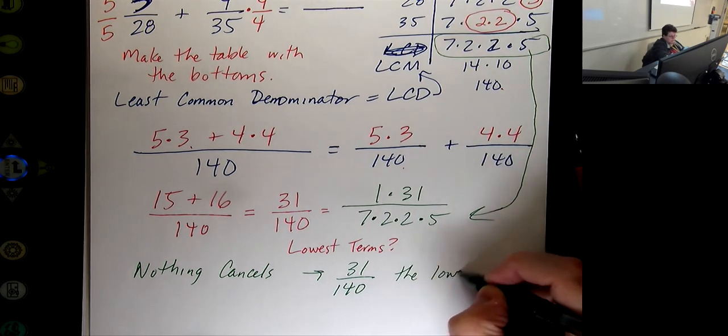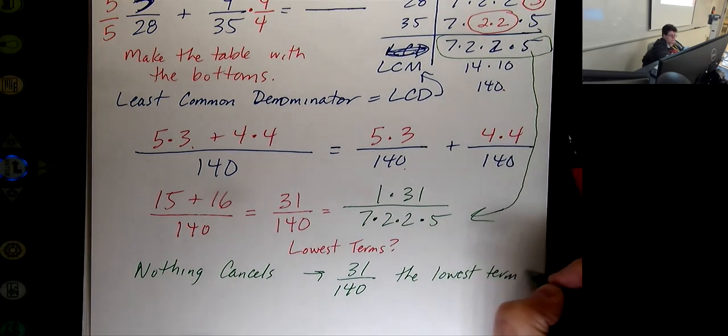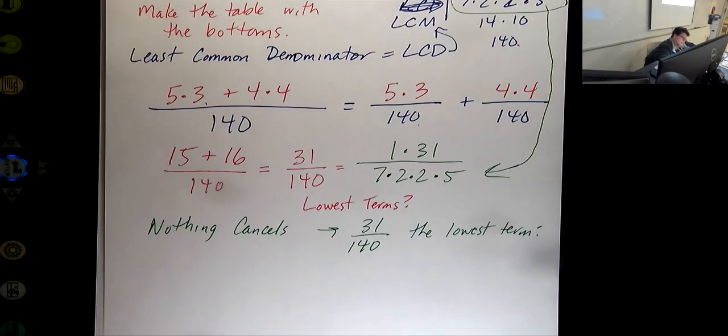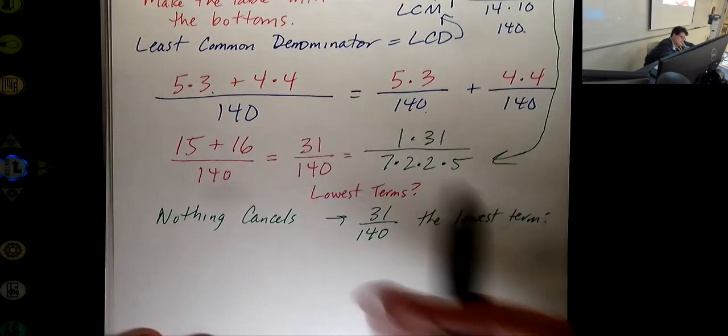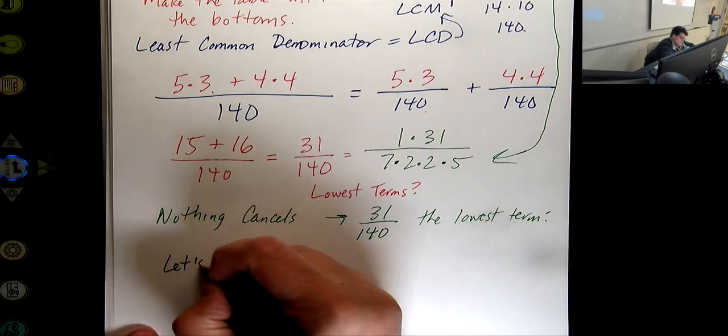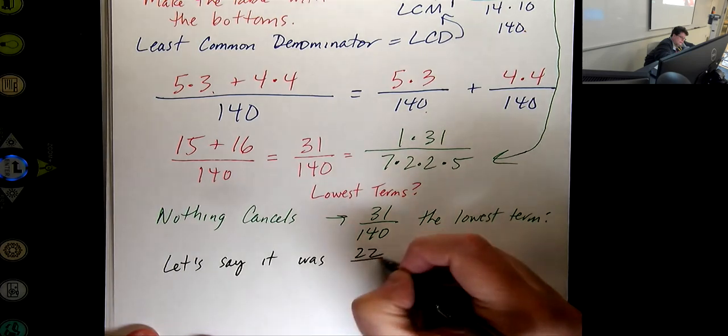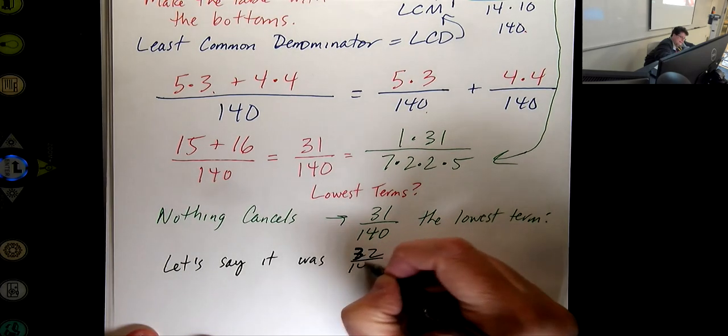Can you potentially do an example where in the very end it cancels out? Yeah. I was hoping this one did, but I winged the numbers. Let's say it was 32 over 140, not 31.